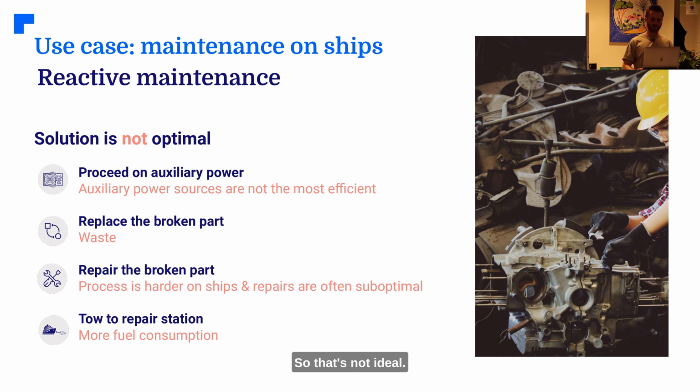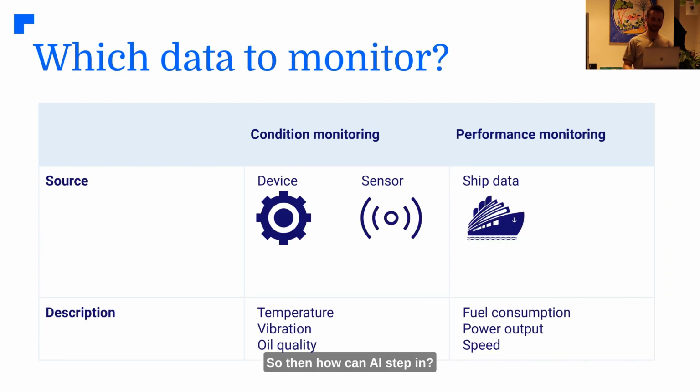So that's not ideal. Then how can AI step in? First of all, for AI to be used, you need data. Which data do they use?